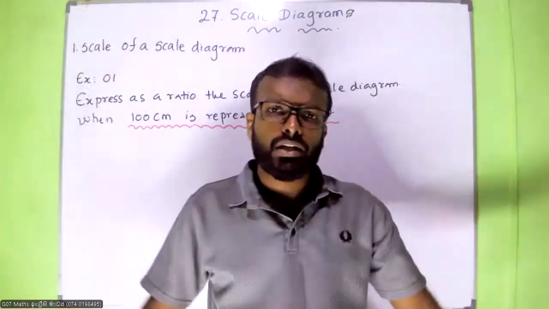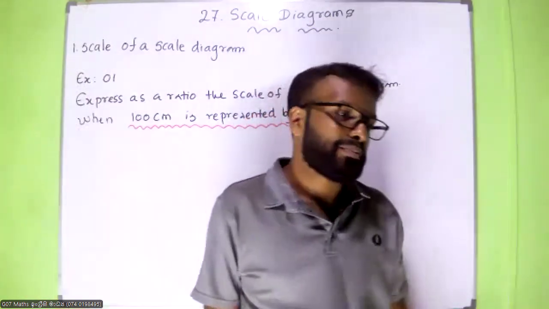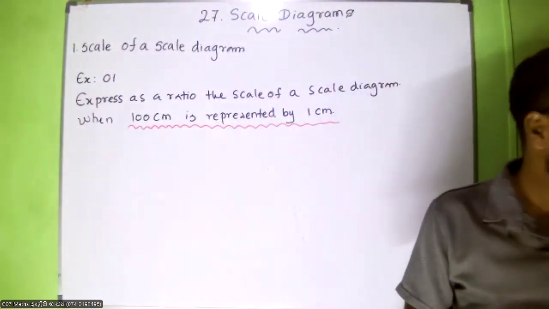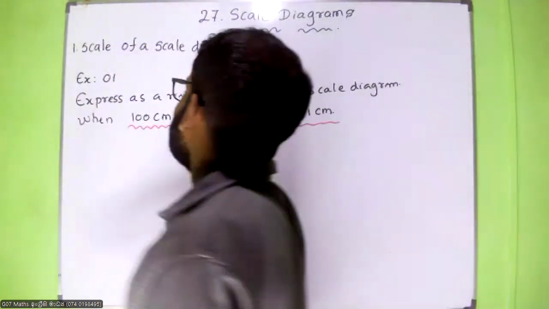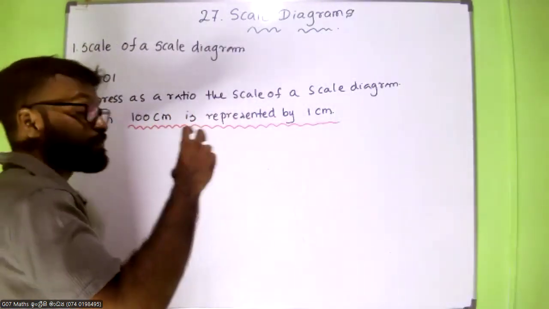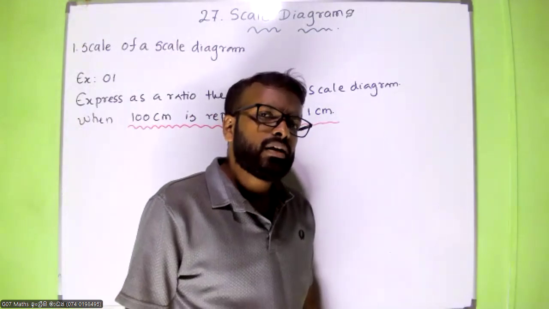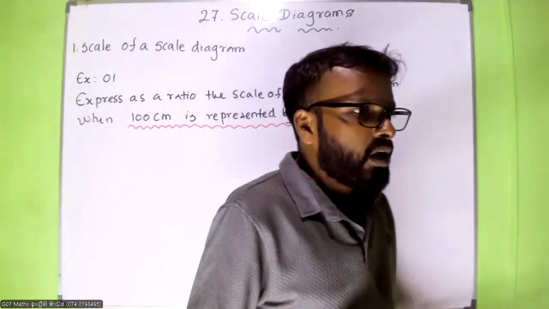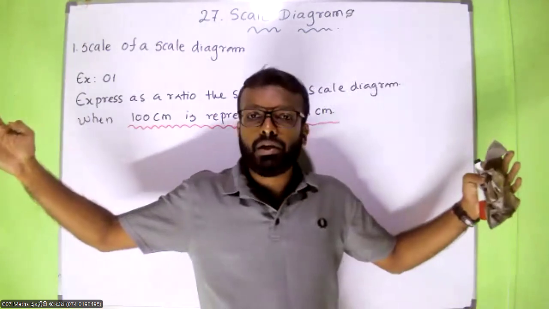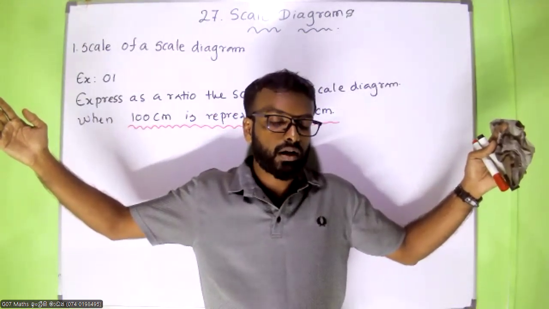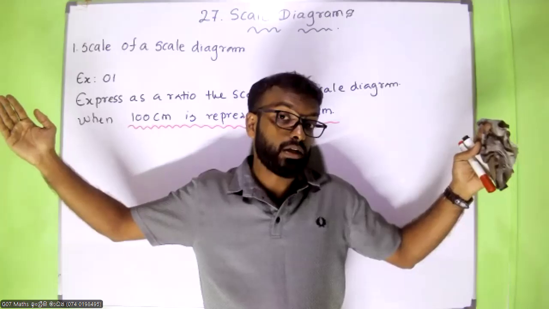So 100 centimeters is represented by 1 centimeter. What is the meaning of that? There is a 100 centimeter length.